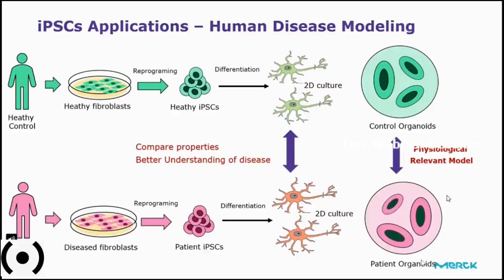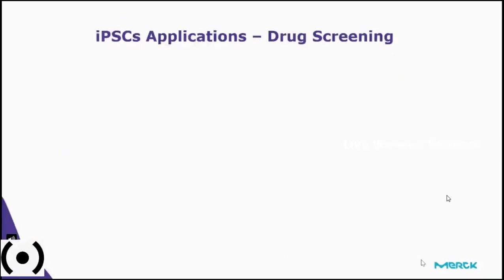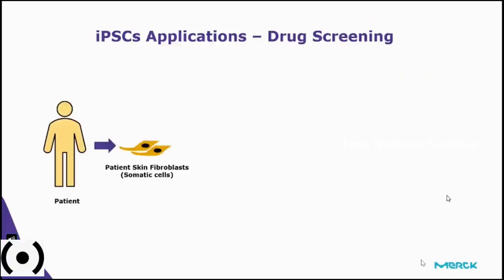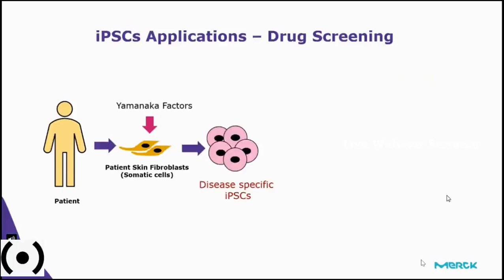Once you have a human disease model, the next step is if you want to develop a drug, suppose against Parkinson's disease, right? You can develop an iPSC model of Parkinson's. You can take a biopsy sample, grow fibroblasts, reprogram them, and these are your disease-specific iPSCs.